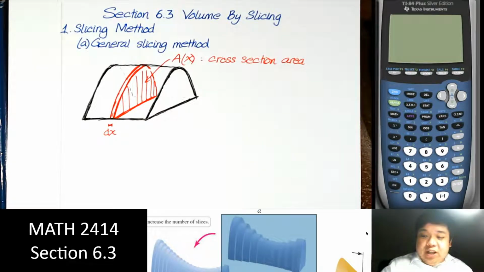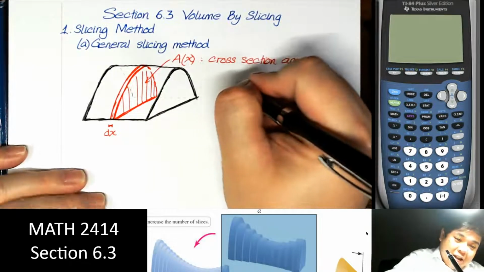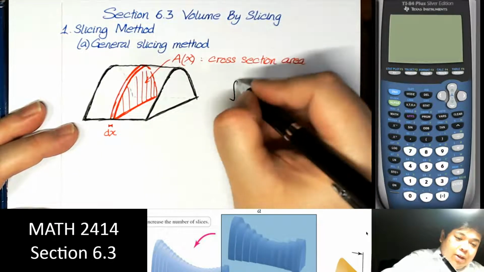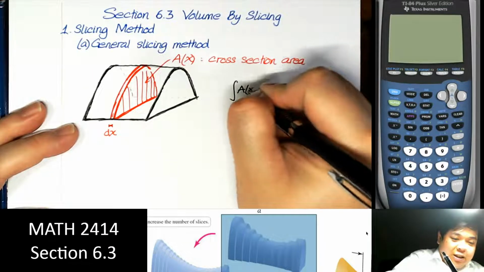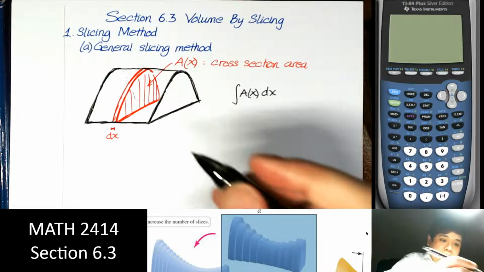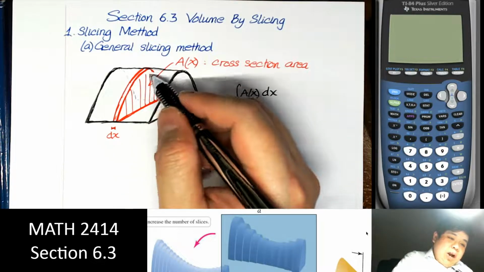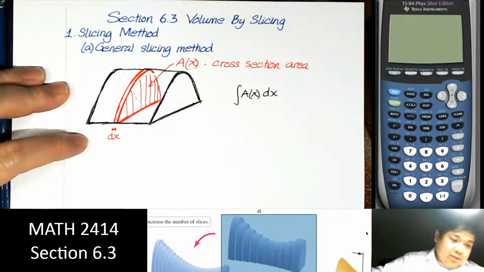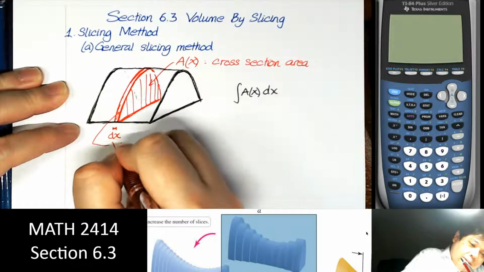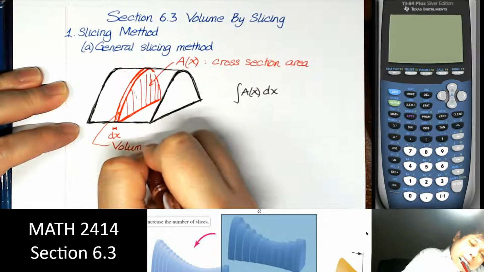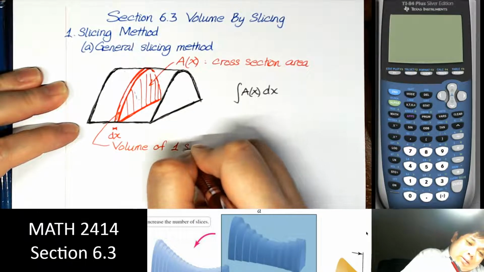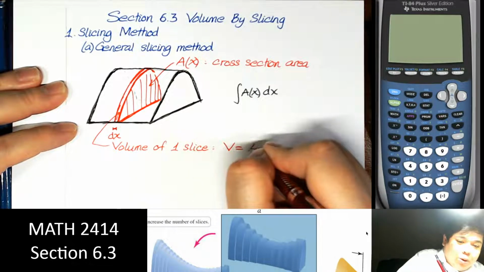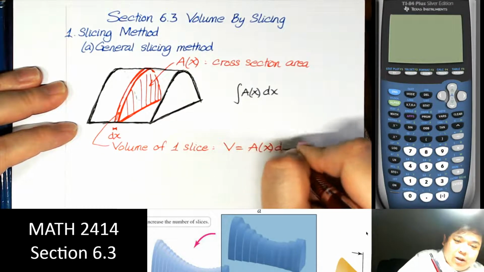Because after all, if we need the integral of dx, it has to be a function of x. Right. So cross-sectional area times the width gives us the volume of one slice.